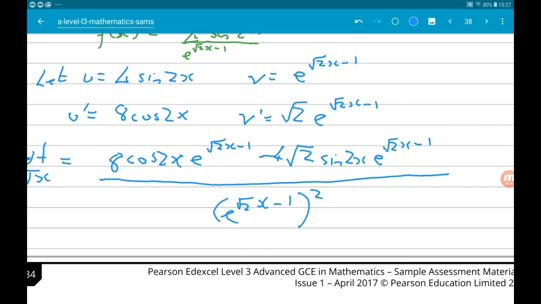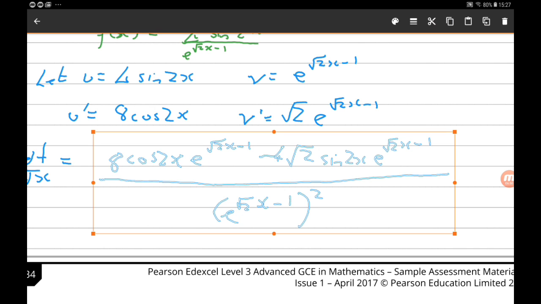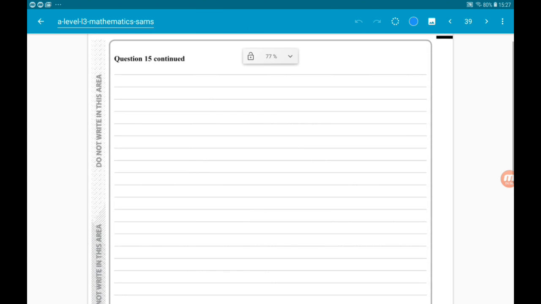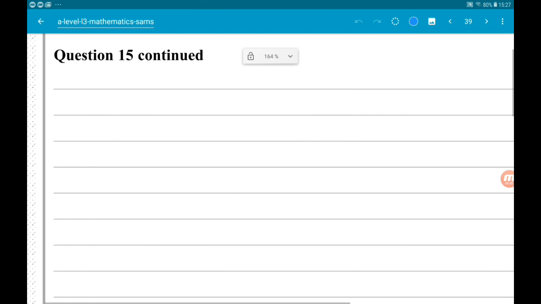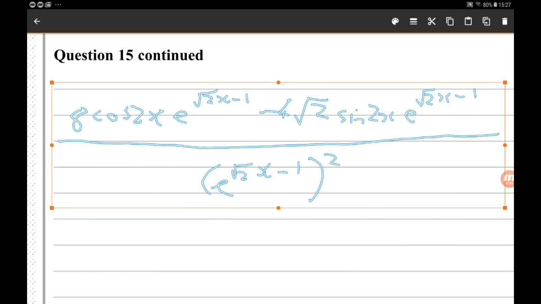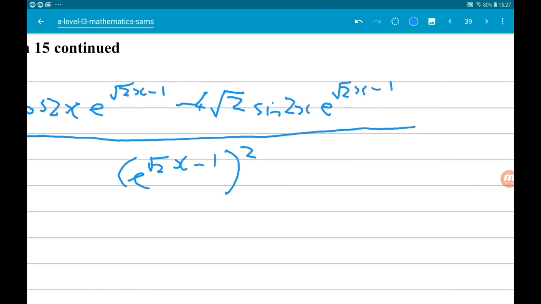So what we're now going to do is set this equal to 0. So we can start to make it a lot nicer, I promise.